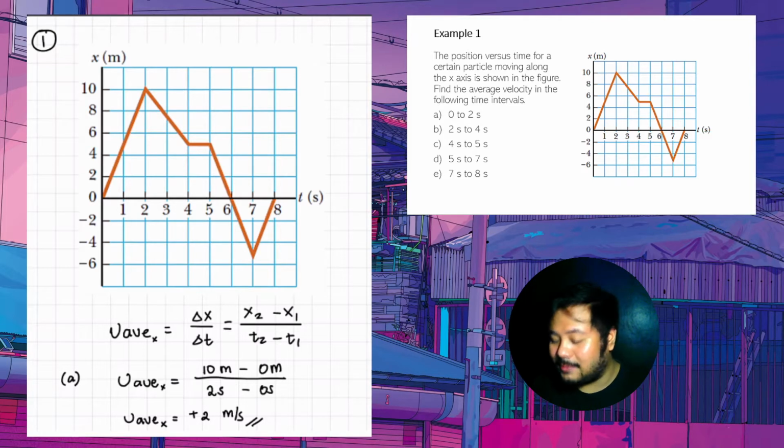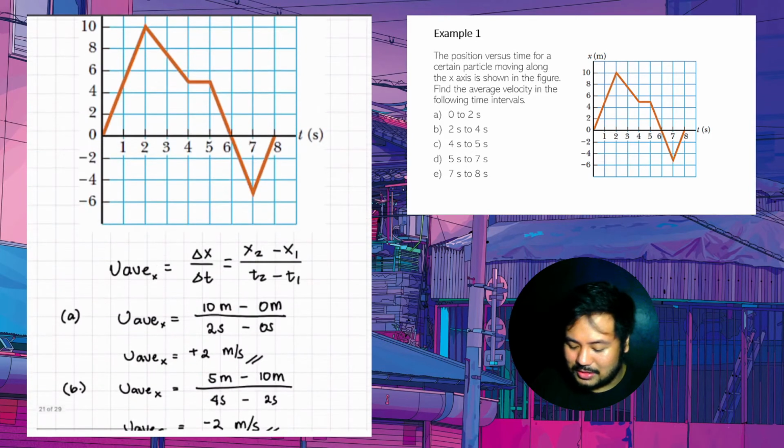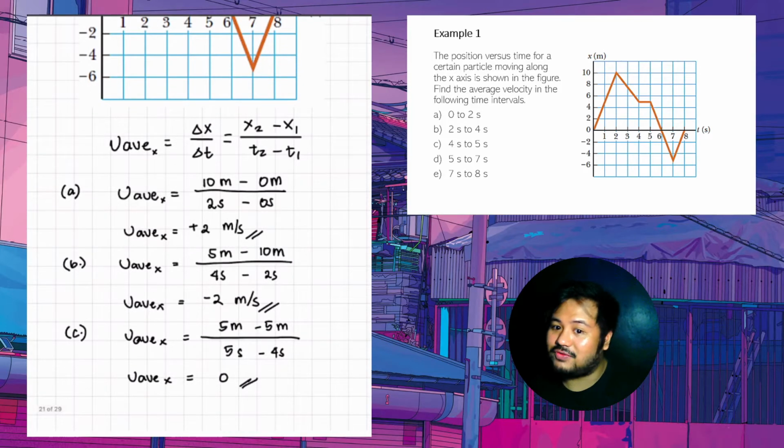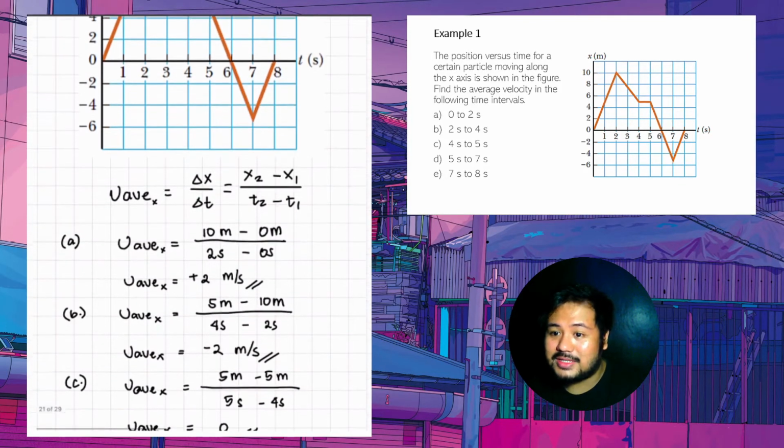It's up to you if you want to solve it manually, if you really want to show it, but I understand that you will just input 0. That is 5 meters minus 5 meters over 5 seconds minus 4 seconds. 5 minus 5 is 0, so you have an average velocity of 0. That's for your letter C.